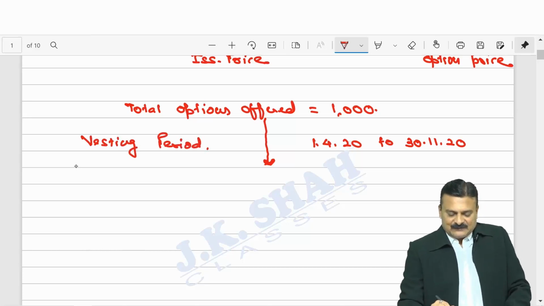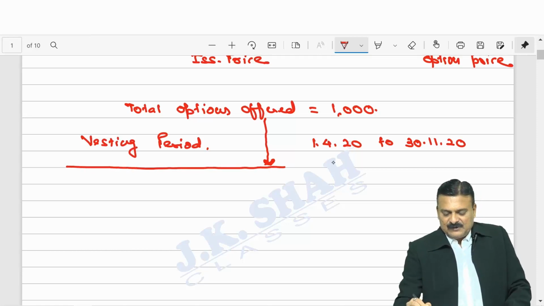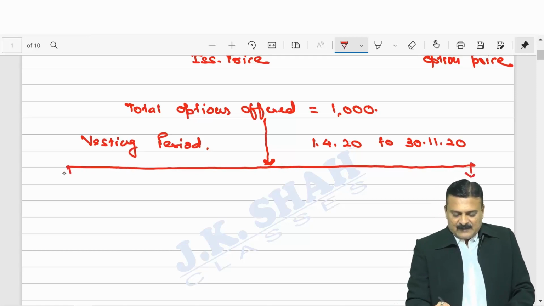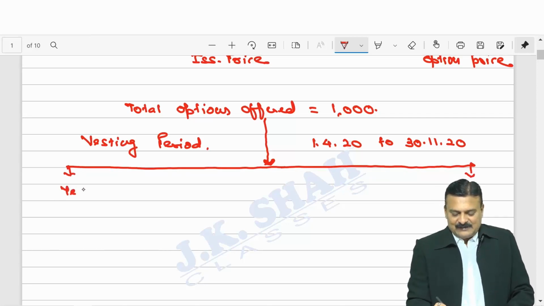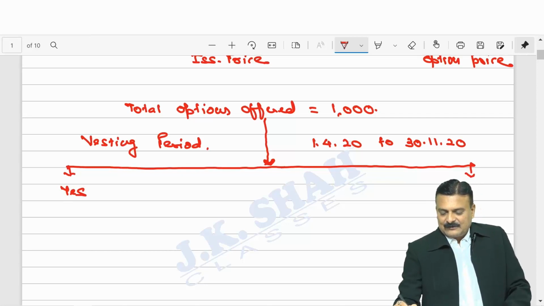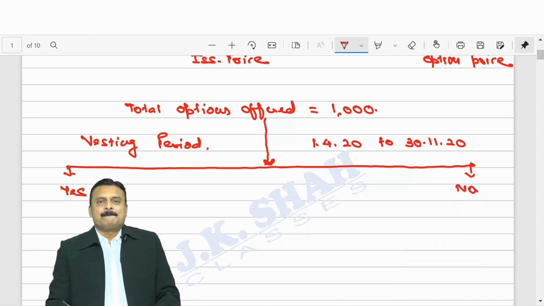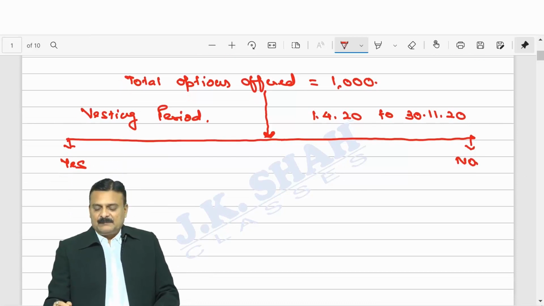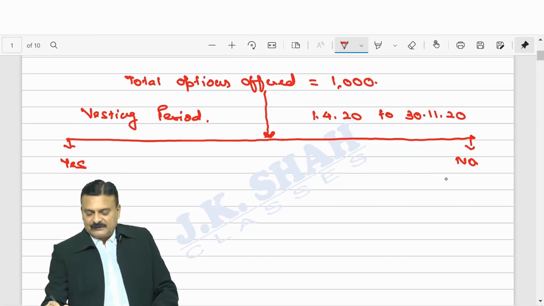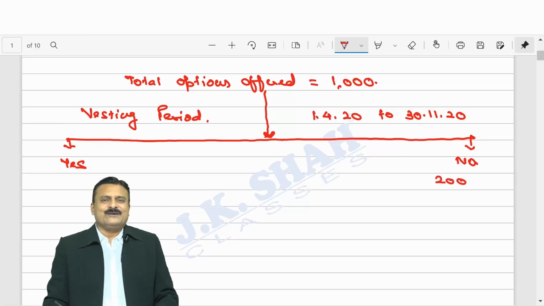Now after 8 months, the employees during these 8 months must have responded. In simple language, at the end of 8 months, the answer can be either yes or no. Presuming out of these 1000 options, some employees whose options were 200 said, no sir, we are not interested. We don't want to go for this.